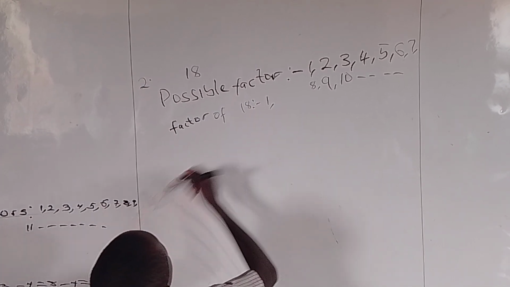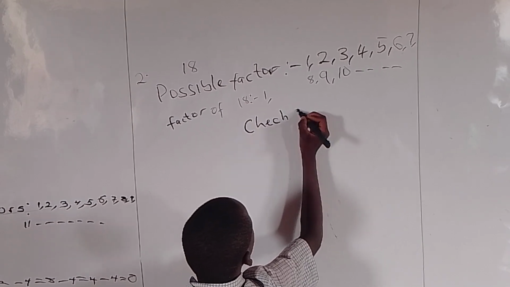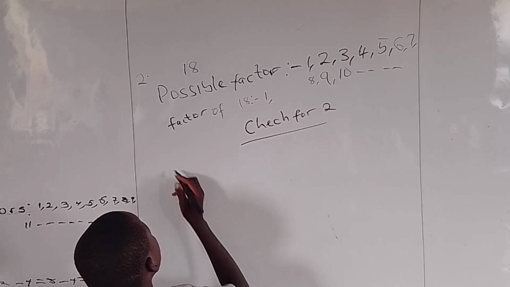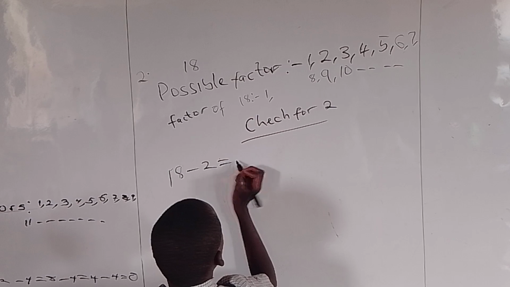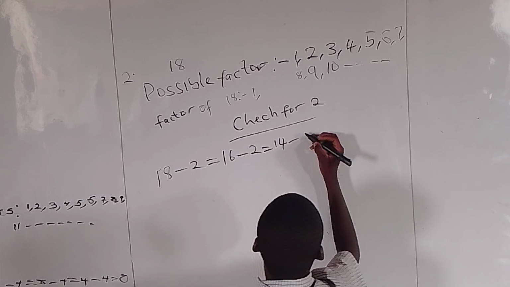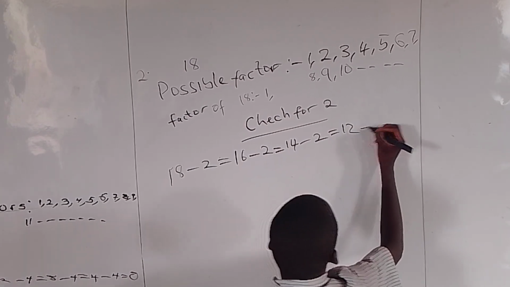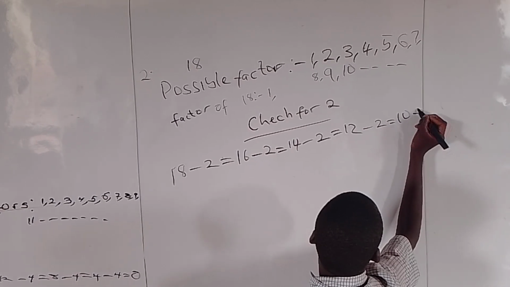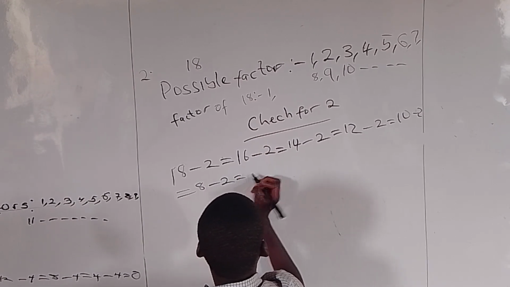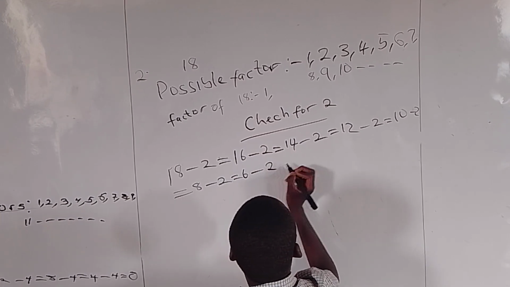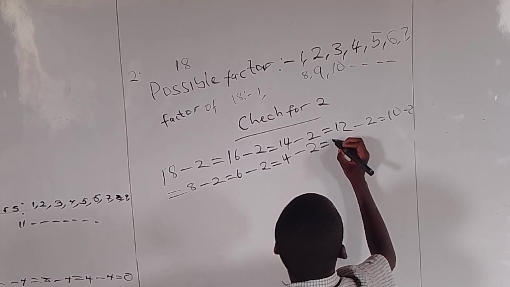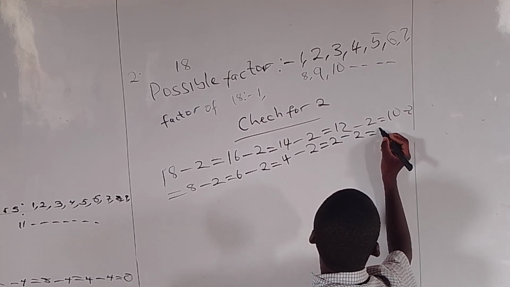So let's check for 2. 18 minus 2 equals 16, minus 2 equals 14, minus 2 equals 12, minus 2 equals 10, minus 2 equals 8, minus 2 equals 6, minus 2 equals 4, minus 2 equals 2, minus 2 equals 0.